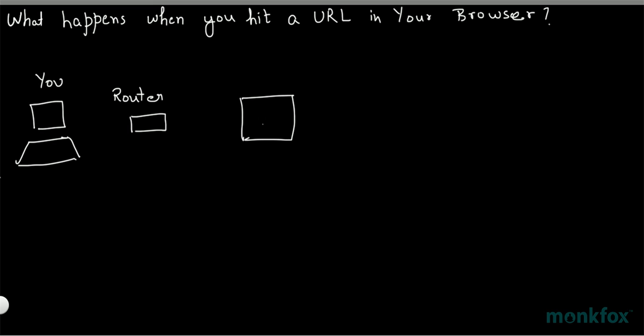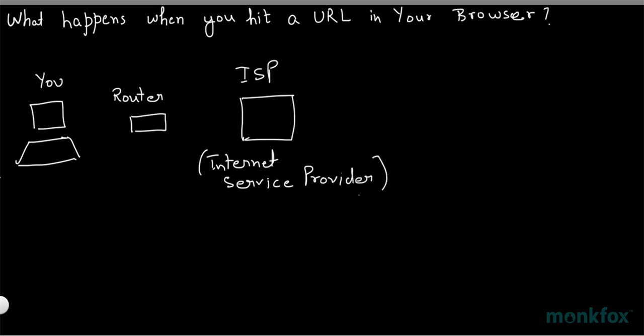This is your ISP, or in other words, Internet Service Provider. This guy is the one who actually takes money from you to give you internet or to connect you to the world of internet. So this can be Airtel, Vodafone, Jio, Reliance, anything which you use.